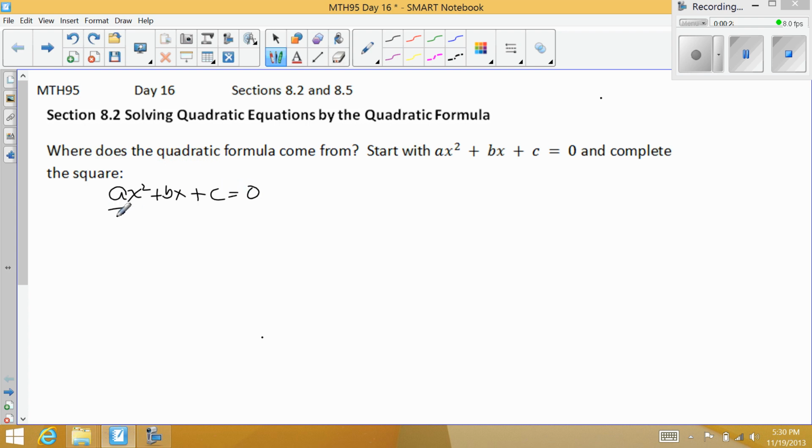So first I'm going to go through and divide everything by a. That way I'll have a leading coefficient of 1. Zero, of course, divided by a is still 0. Then we're going to kick the constant over to the other side and find our magic number.